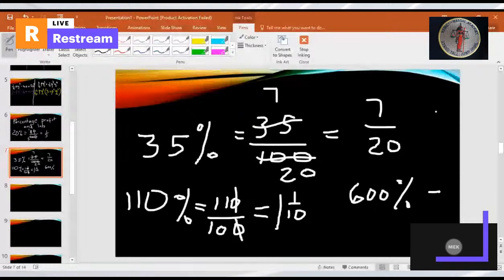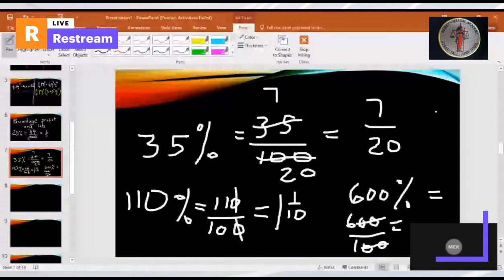And we know we can reduce that to 6 over 1, which is the same as 6. So 600% means 6 wholes. So you can have a percentage that's more than 100, but 100% means one full whole, one complete thing.